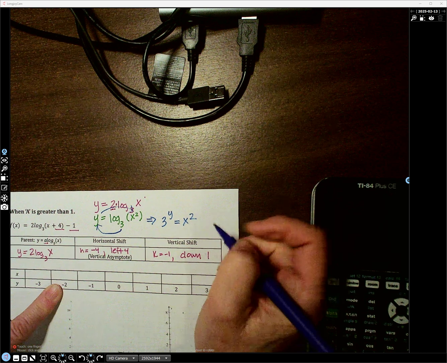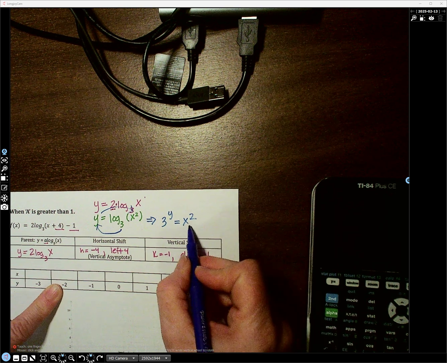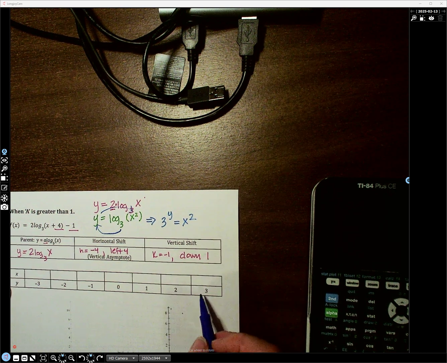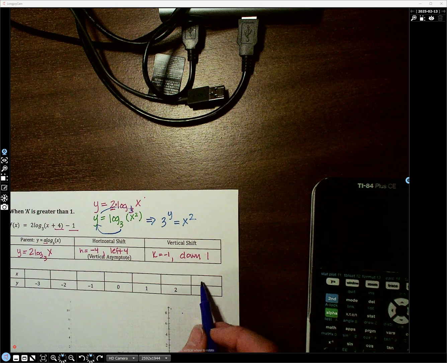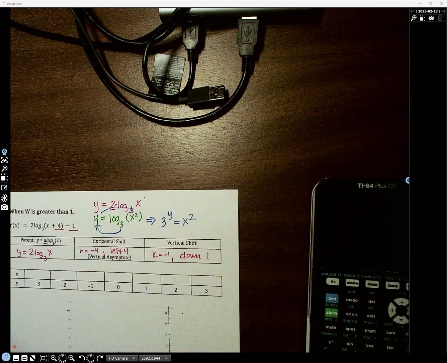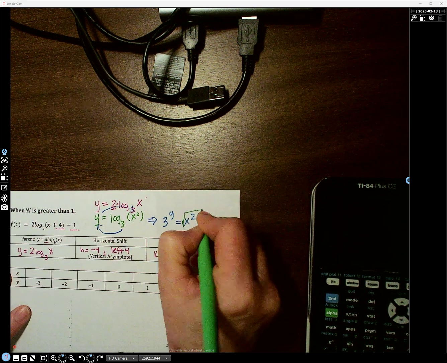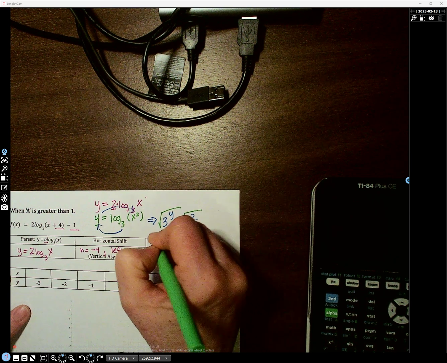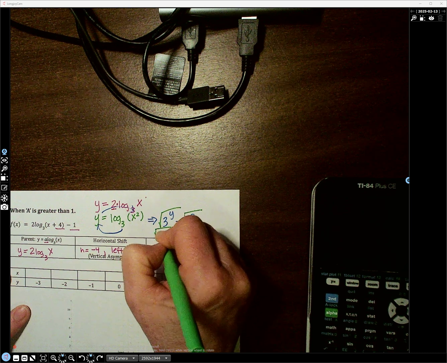Now we still need to solve for x, right? Because we need to plug in y's to get x's. So we do one more step here. We take the square root and we get x equals the square root of 3 to the power of y.